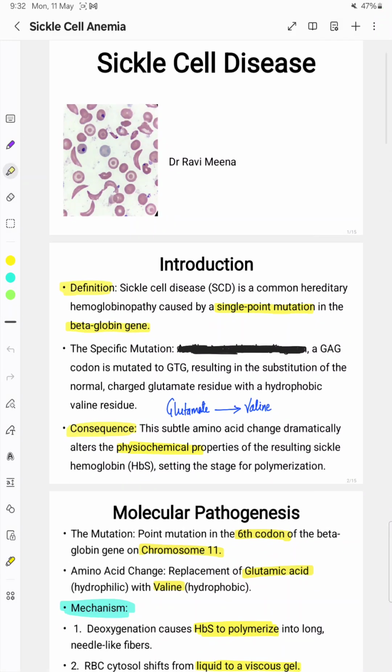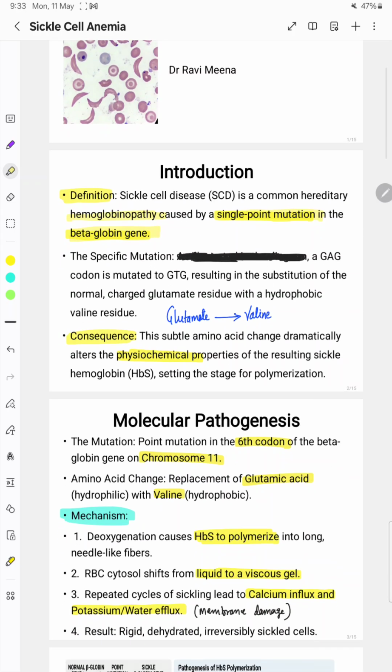Sickle cell disease is a common hereditary hemoglobinopathy caused by a single point mutation in the beta globin gene. A GAG codon is mutated to GTG, resulting in substitution of the normal charged hydrophilic glutamate residue with a hydrophobic valine residue.